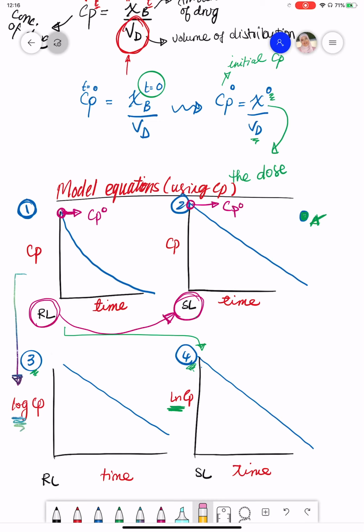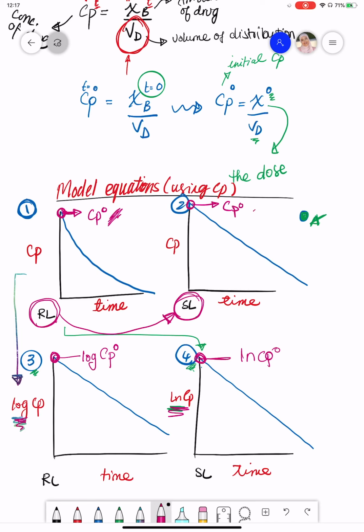For the log transformation, the only difference is that the y-intercept is log Cp naught rather than just Cp naught because it's in log terms, okay? And here it will be ln Cp naught because the y-axis is in ln terms. So if we want Cp naught on the rectilinear graph, Cp versus time, it will be just Cp naught.